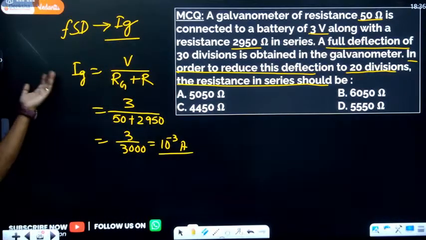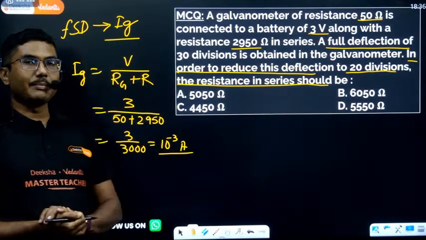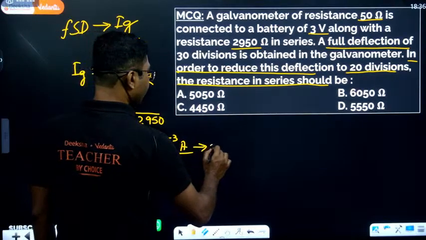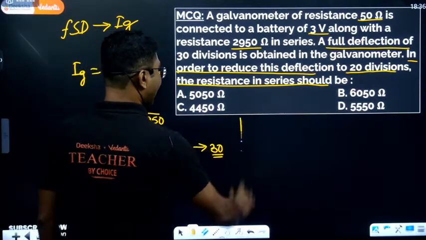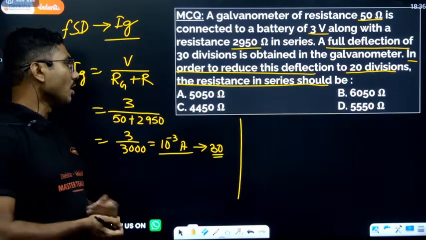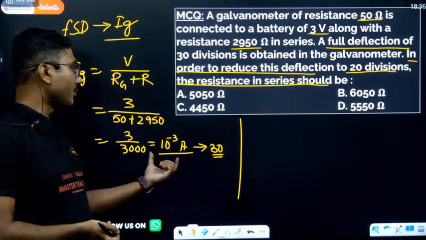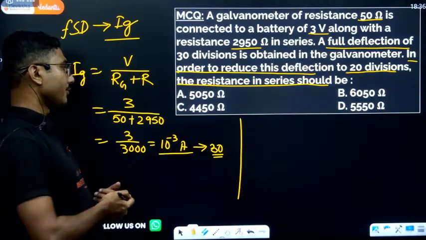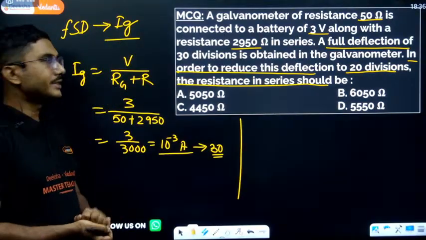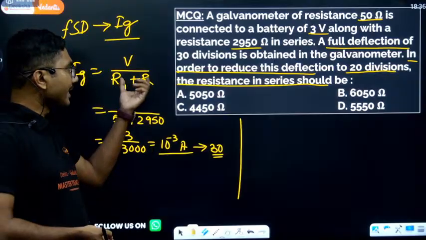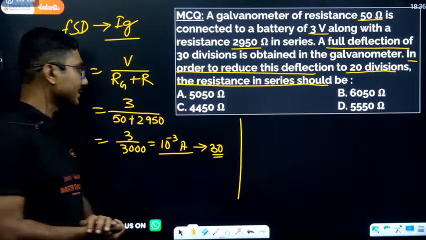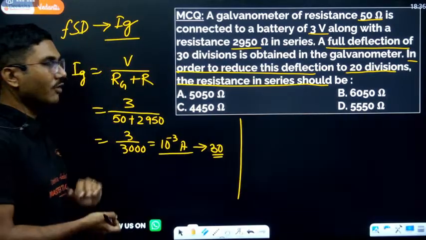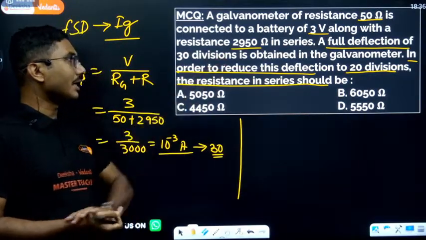So this is the current, the maximum current that can be allowed through the galvanometer, and that gives us the 30 division deflection. I cannot change this value of current. Every time this much current is passing in the circuit, the same amount of deflection will be there, right? So voltage is fixed, Rg is fixed. If we can change the value of R such that the current flowing in the circuit gets lower than this value of Ig, then the deflection can be reduced.